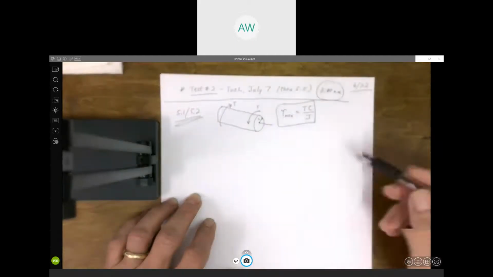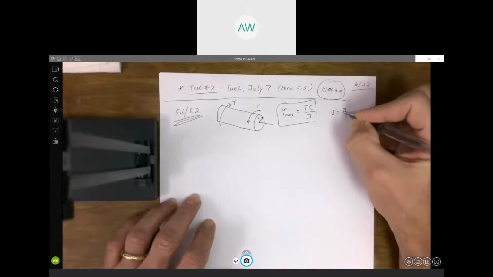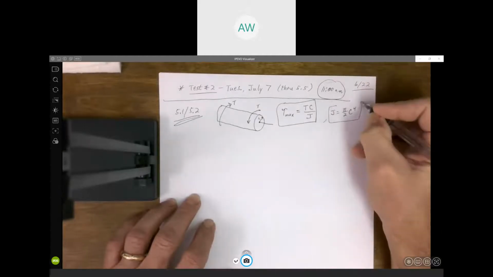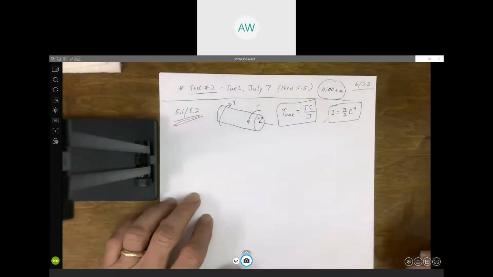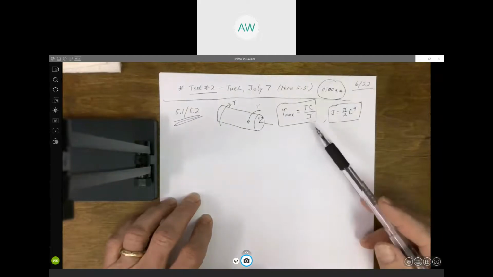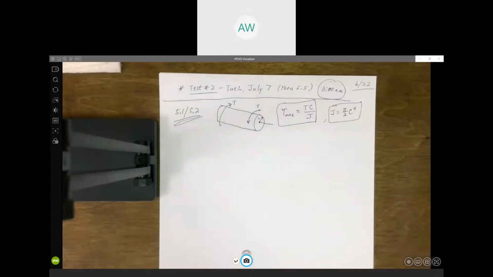For a circular area, J is pi over 2 times that radius to the fourth. That's basically what we spent Friday doing, developing this formula for shear stress. What we're going to do next is work a problem and see if we can apply that and calculate the maximum shear stress.